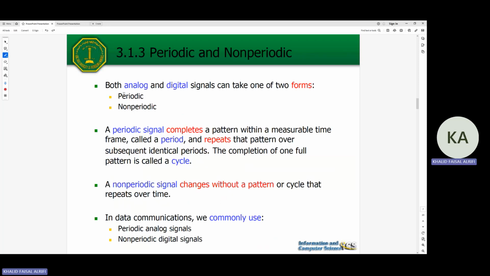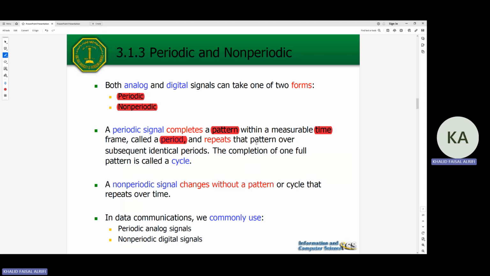Periodic and non-periodic. Both analog and digital signals can take one of two forms, periodic or non-periodic. Periodic means it is continuously repeated in the same way. Non-periodic means it is not repeating in the same way; it's unpredictable. Periodic signals complete a pattern within a measurable time frame called a period, and repeat that pattern over and over. So it's predictable.